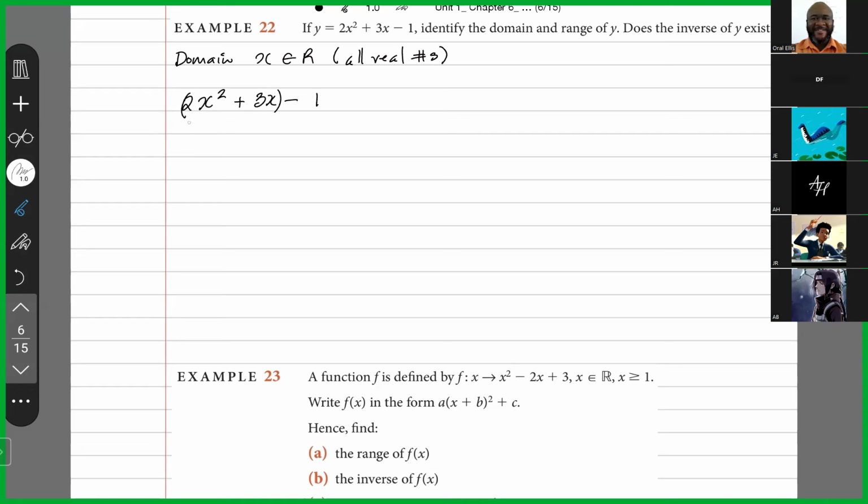Let's factor out a 2. So we have 2x squared plus 3 over 2 x minus 1.